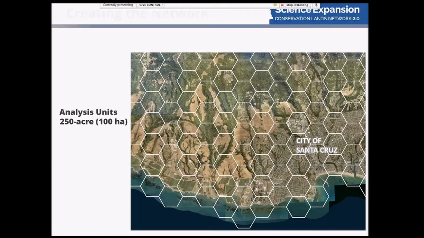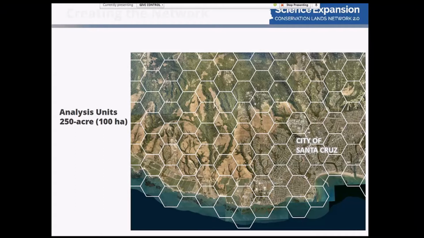We're going to summarize all of our information into these different hexagons, and the modeling that we use is Marxan. These are the bits that Marxan chooses as it starts to assemble this efficient network. So here's what it looks like.